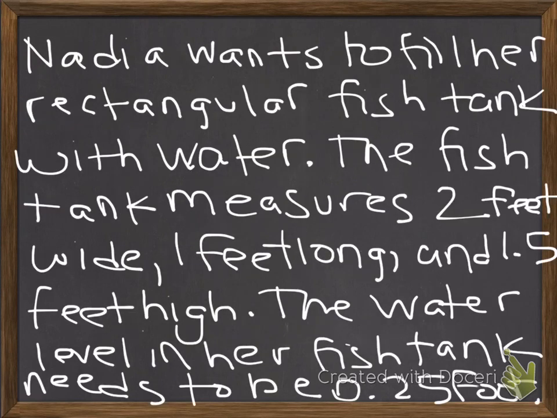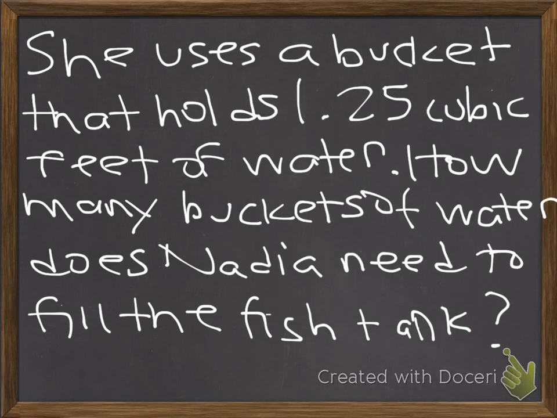and the last problem is a word problem, so I'll read it. It says, Nadia wants to fill her rectangular fish tank with water. The fish tank measures 2 feet wide, 1 feet long, and 1.5 feet high. The water level in her fish tank needs to be 0.25 feet. So she uses a bucket that holds 1.25 cubic feet of water. We need to figure out how many buckets of water she needs to fill the tank.